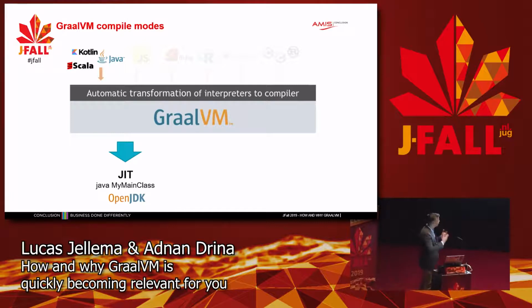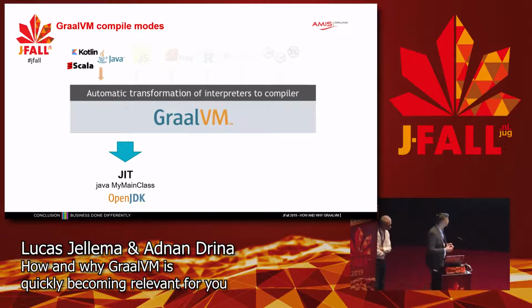Then it will monitor how you use your application and collect profiling data. When some of the classes become really hot, meaning they are invoked around 10,000 times, the heavyweight C2 compiler will kick in. Based on the profiling data collected from the startup, it will produce a second machine code, which is highly optimized.